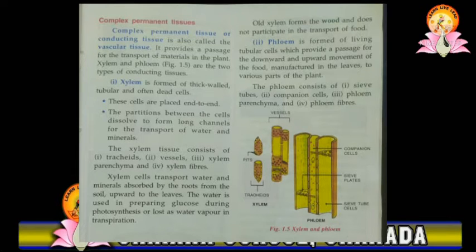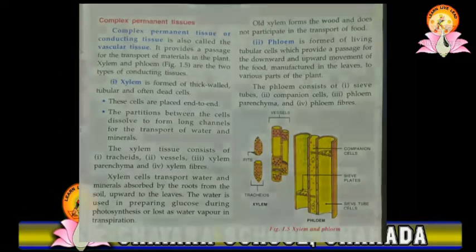Xylem cells transport water and minerals absorbed by the roots from the soil in an upward direction. The water is used for preparing glucose during photosynthesis, and loss of water is done through the process of transpiration.